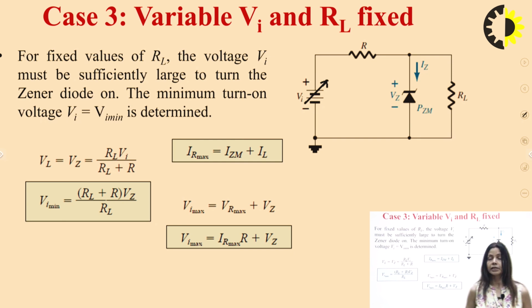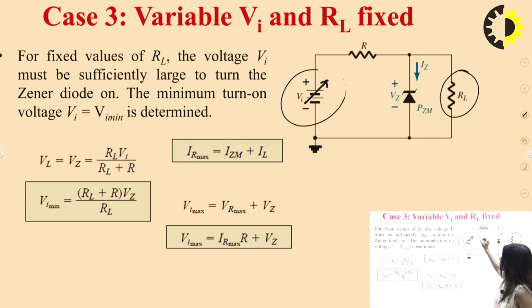In this case RL is fixed and Vi is variable, because here is the arrow. As soon as you have identified RL and Vi, you just have to assume the Zener diode is working.